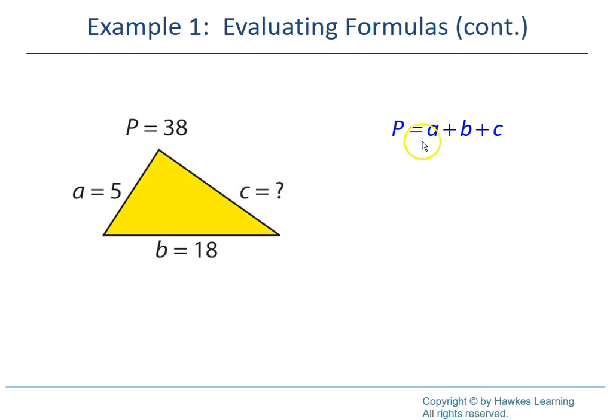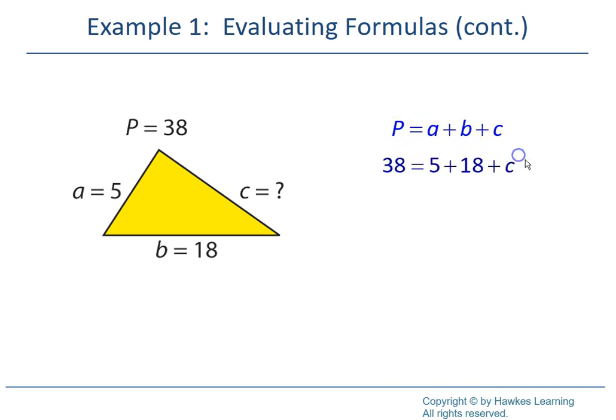So this is the perimeter formula. So if we add these two together, that'll give us 23. So 23 plus C equals 38.